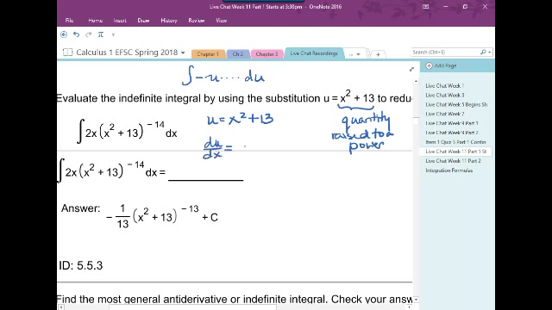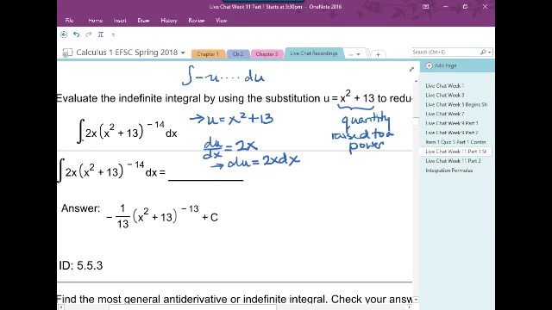The derivative of x squared is going to be 2x, and the derivative of 13 is just 0. But when we're finding du, we're not finding du over dx. We're finding the differential du. So you can think of it as just multiplying dx over to the other side. So what we have found is if we let u be defined to be x squared plus 13, that would mean du would have to be 2x dx.